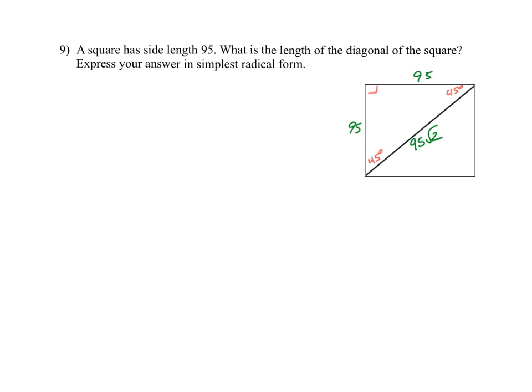Because it's a 45-45 degree triangle, so this leg is 95, and the hypotenuse is the square root of 2 times the length of the legs. So the length of the diagonal is 95 square root of 2 units.